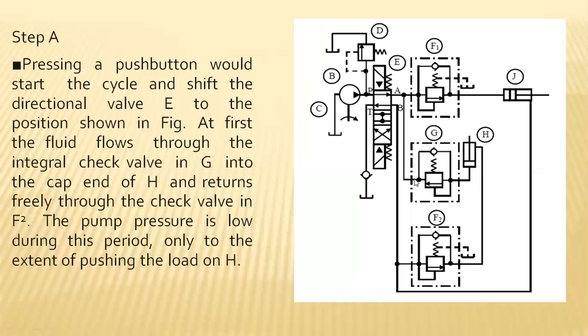This is the sequence valve, and the output of the sequence valve is connected to the actuator. So two different actuators actuate simultaneously with a single input to the system. That is the first condition.